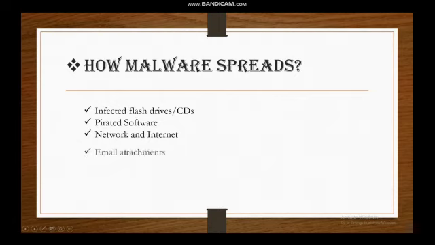The fourth point is that through email attachments your computer can be infected. If you open any email which is not reliable, which is not from a good source, that email can infect your computer.